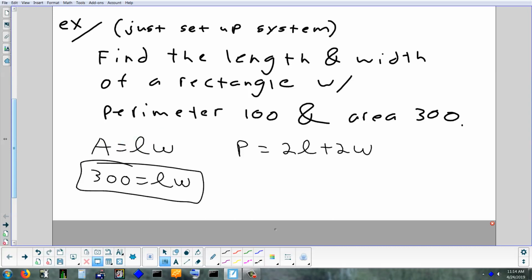One equation, two variables. Pick any two numbers and multiply to give you 300. But you can't pick any two numbers because they give you a fact about the perimeter. How much is the perimeter? 100. So when you pick L and W such that they multiply to give you 300, they also have to take double each one and add to 100.